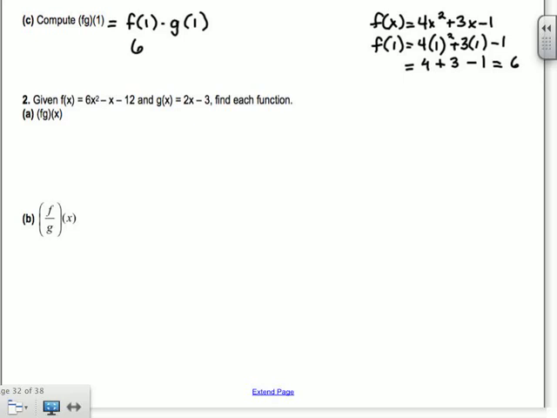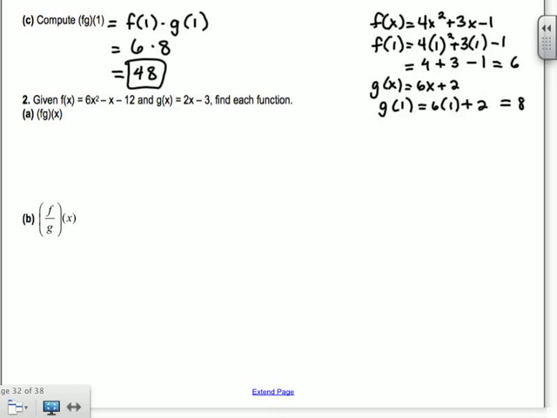So f of 1 is 6. And then do the same thing for g. So g of x is 6x plus 2. So g of 1 is 6 times 1 plus 2. So 6 plus 2 is 8. So you just get 6 times 8. So it's 48. And that's your answer.